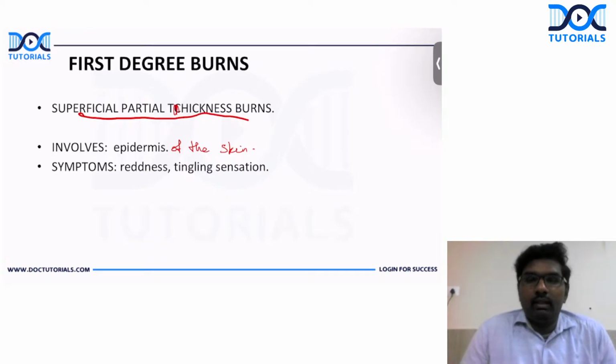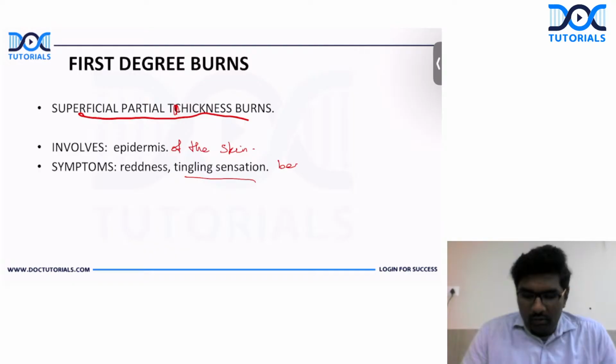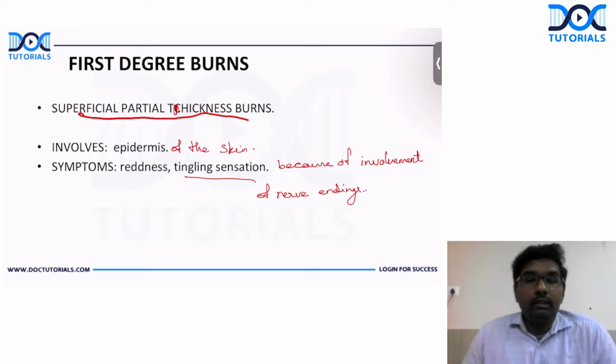Here the symptoms will be redness, and the patient will also have a tingling sensation or paresthesia because of involvement of nerve endings. So this is about first degree burns.